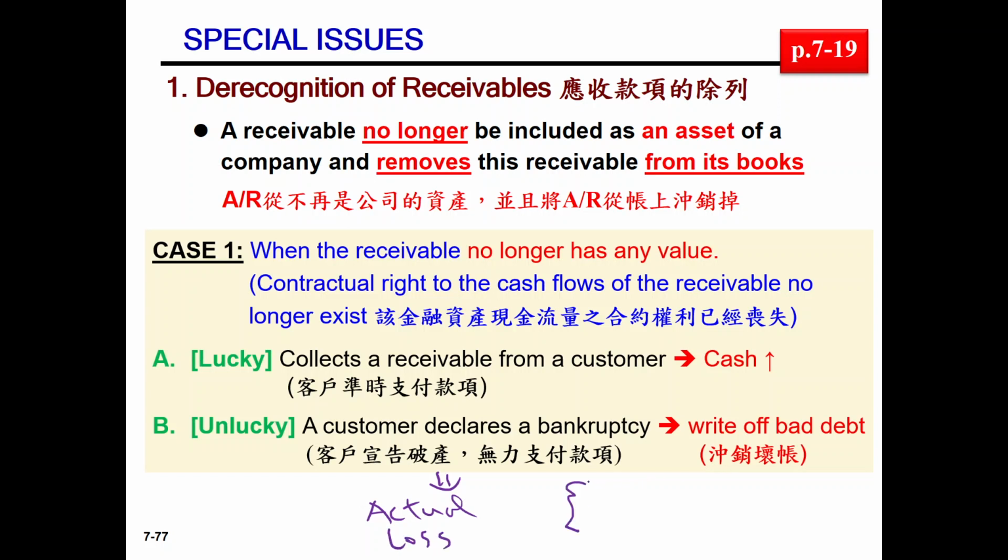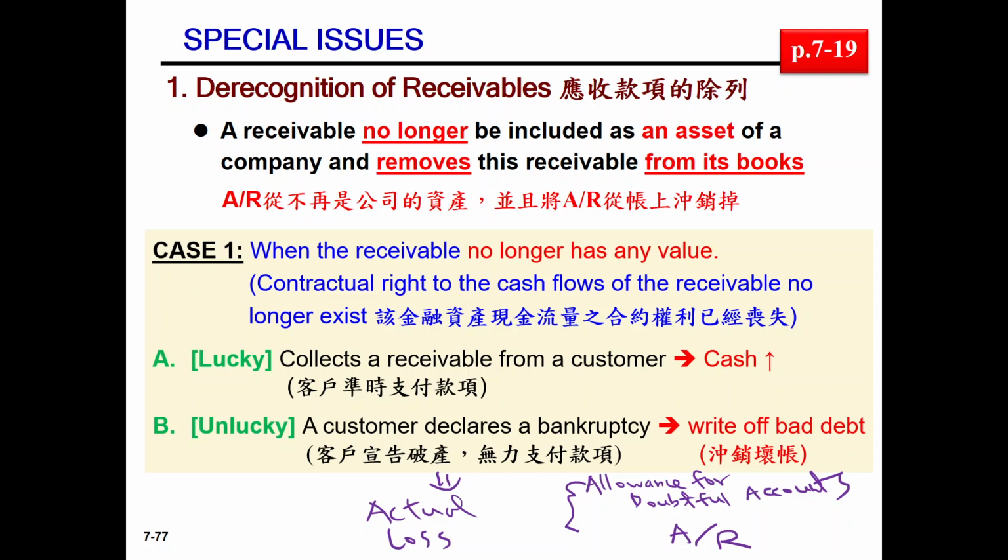Debit allowance for doubtful accounts. Credit accounts receivable. So did you find out? Your accounts receivable will be removed from your accounting books since they don't have any values.